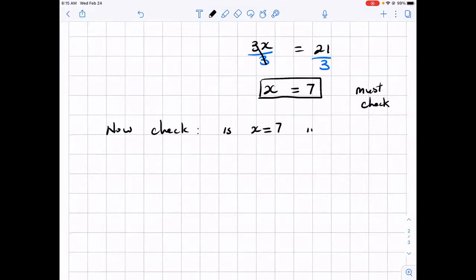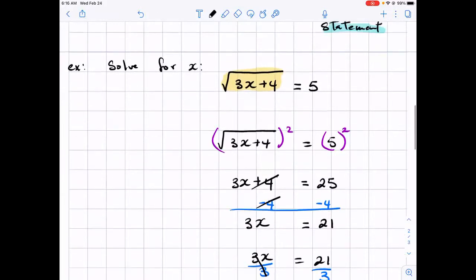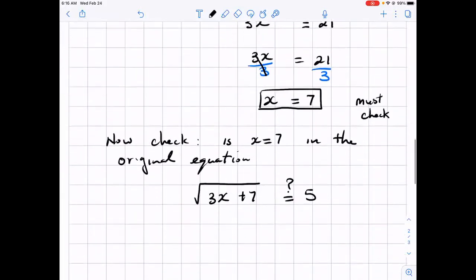We must go back to the original equation. The original equation is the square root of 3x plus 4 equals 5.